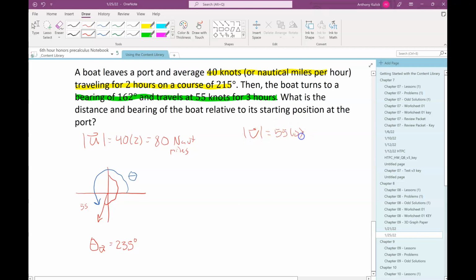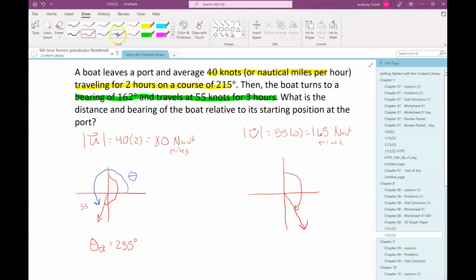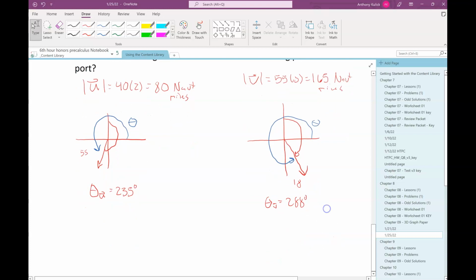Its magnitude is going to be 165 nautical miles. I'll draw the bearing, so 162 is like here. So that little piece there must have been 18. So there's our direction. So that's going to be 288 then. So that's just me converting the starting information to a magnitude and direction for each vector.